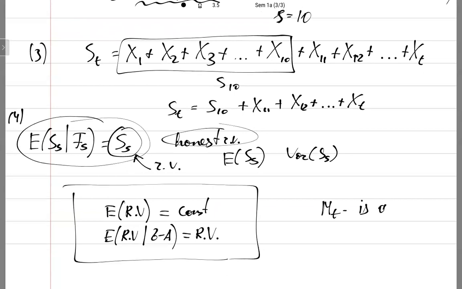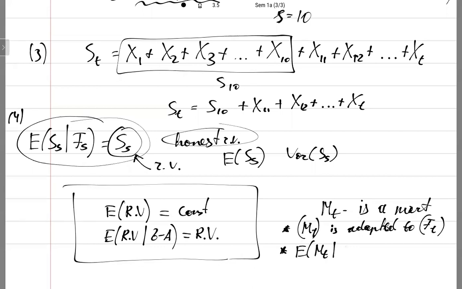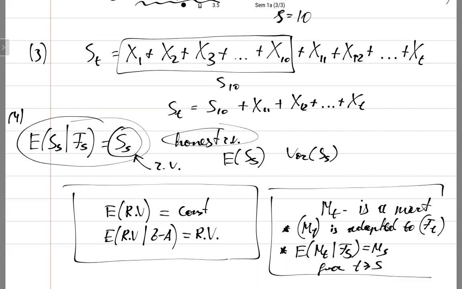MT is a martingale if MT is adapted to FT. So please look in the book or in previous lecture notes, anything is okay, or Wikipedia. You just look at the definition before your eyes. MT is adapted to FT, and expected value of MT given FS is MS for T greater than S. That's the definition of a martingale.